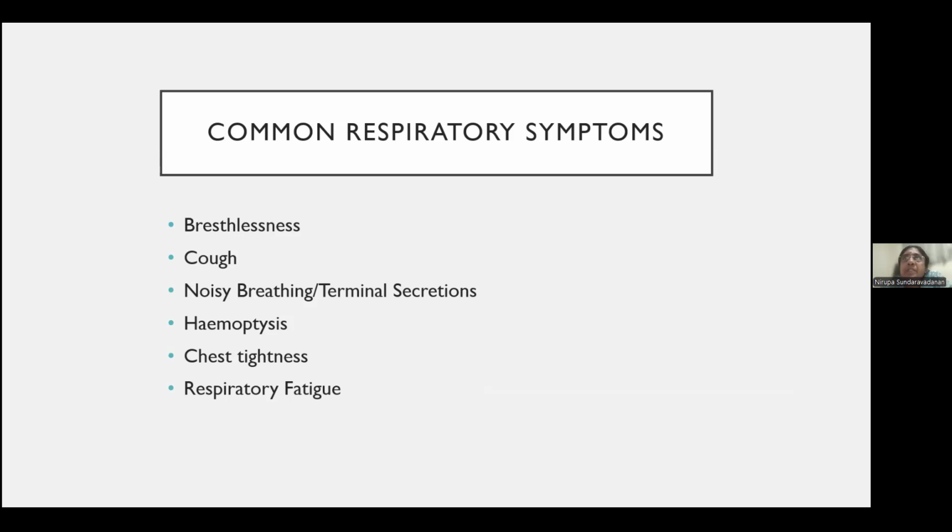Then in our patients with lung cancers, either primary lung cancer or secondary metastases, along with the cough, they may have hemoptysis. Coughing out blood, flecks of blood, maybe more blood, and sometimes it can be a huge life-threatening hemoptysis also. Very often our patients complain of chest tightness and respiratory fatigue. They've been breathless for so long that they are now going into respiratory fatigue.